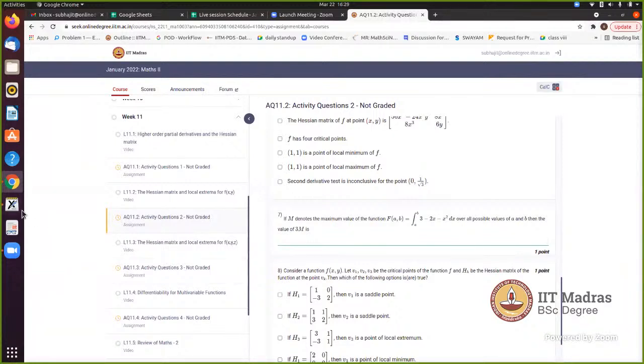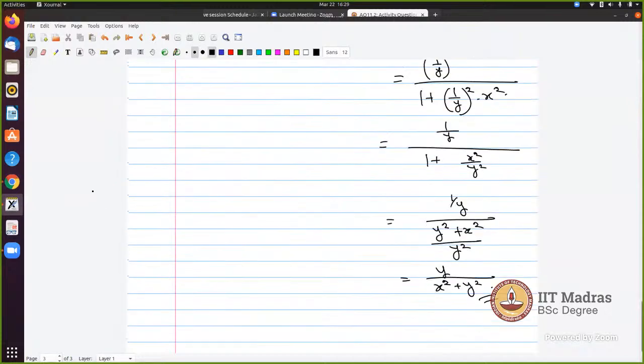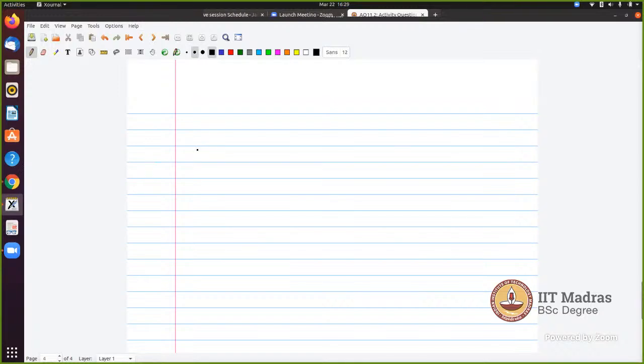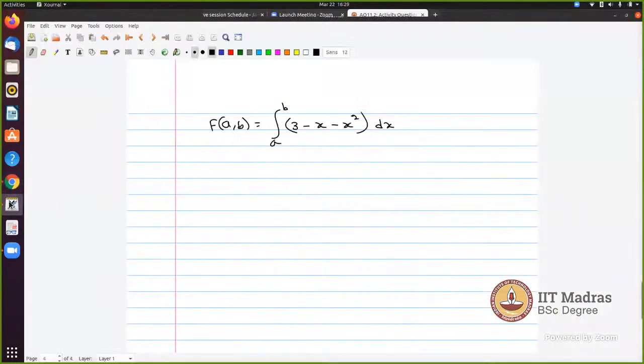Right, so let me write 3 minus 2x minus x squared dx. F of a, b, it is written as integral from a to b. Is this the function given? 3 minus 2x minus x squared.